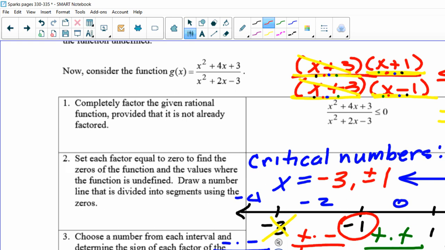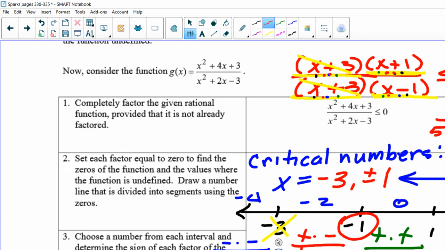What about x equal 1? If x is 1, that would give me 4 times 2 over 5 times 0. What's that?